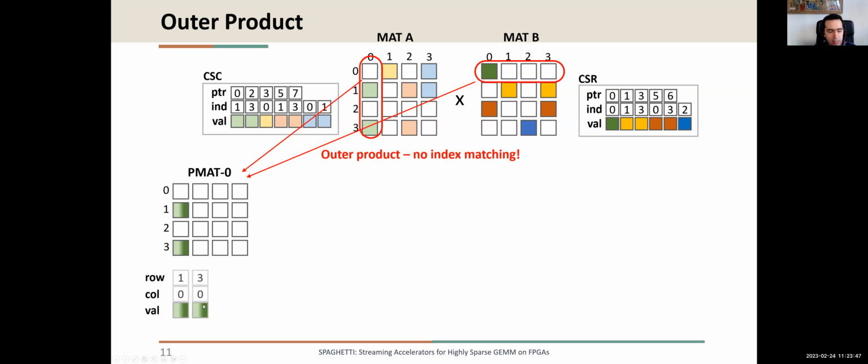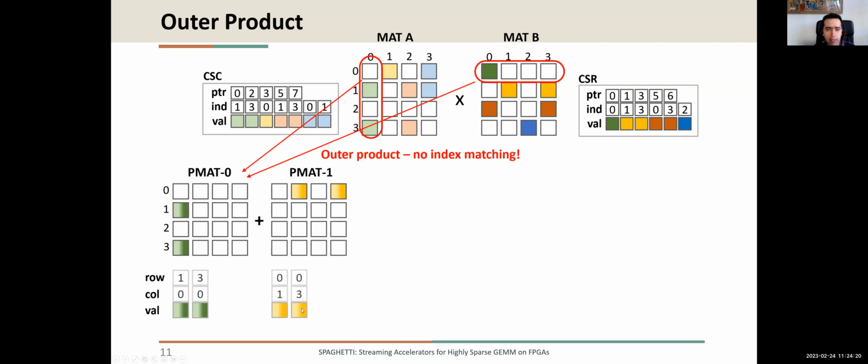If you look at the coordinates, we will have two non-zeros, and the column index is coming from the column index of the non-zeros in this row, and the row index is coming from the row indices of the non-zero elements in this column, right? So 1, 0, and 3, 0.